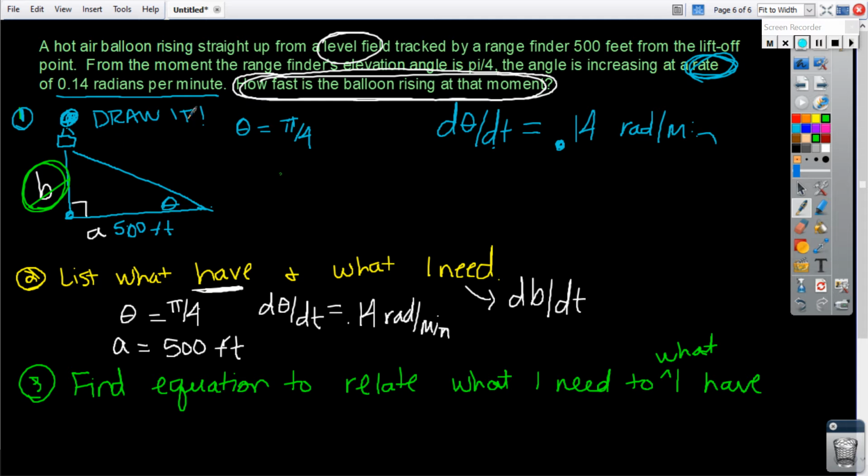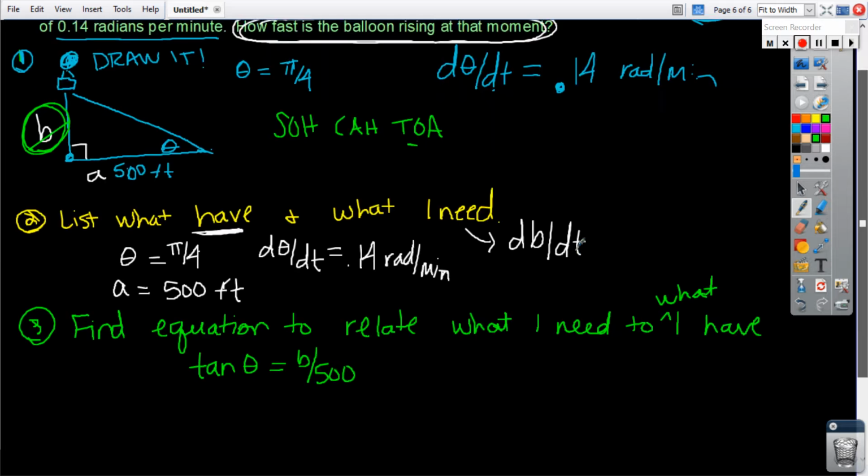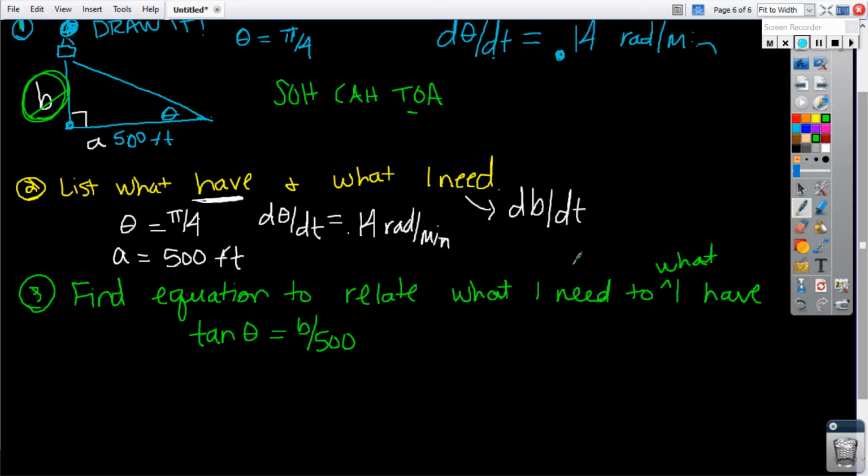If you think back to SOHCAHTOA that you first learned in geometry, the tangent of theta is going to equal opposite, which is B, over adjacent, which is 500. So I actually do have an equation that relates what I have to what I need.